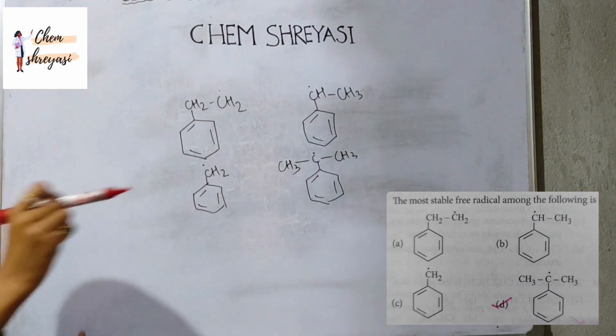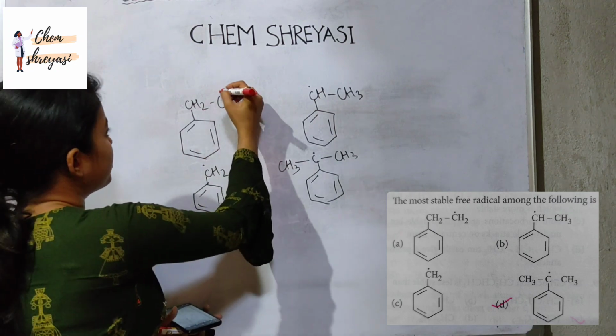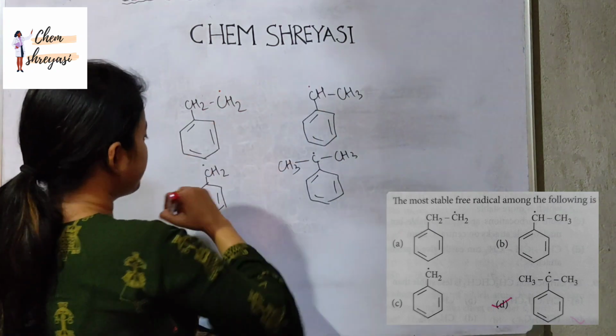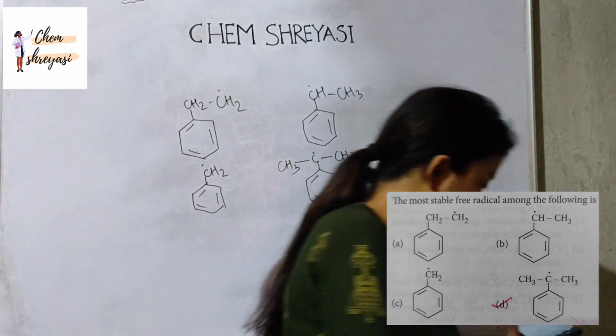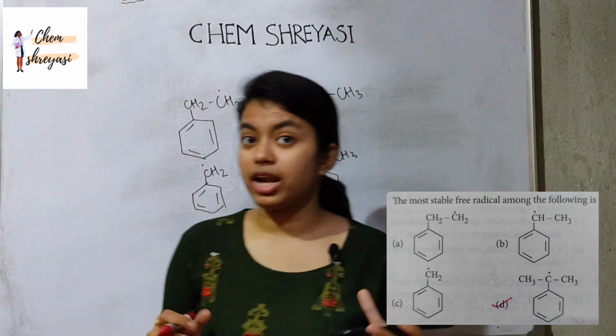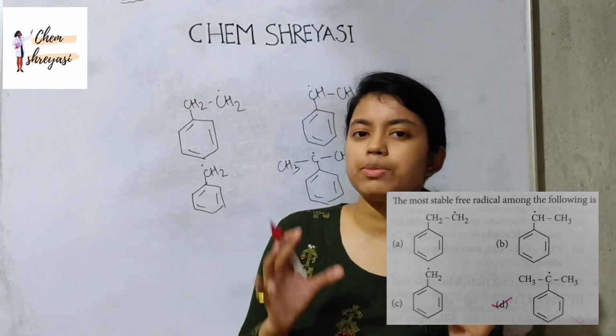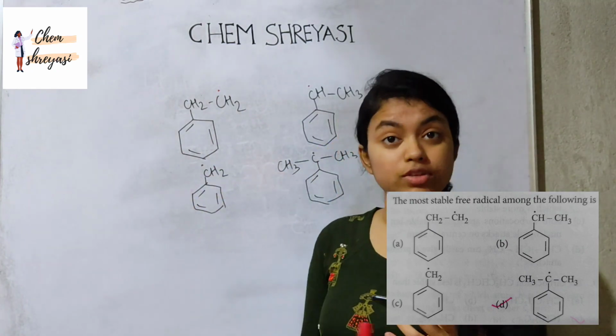So in all of these 4 structures, there is a free radical here, here is another free radical, and here is another free radical. So for the most stable free radical, we have to understand what are the stabilizing factors that act on all of these structures.